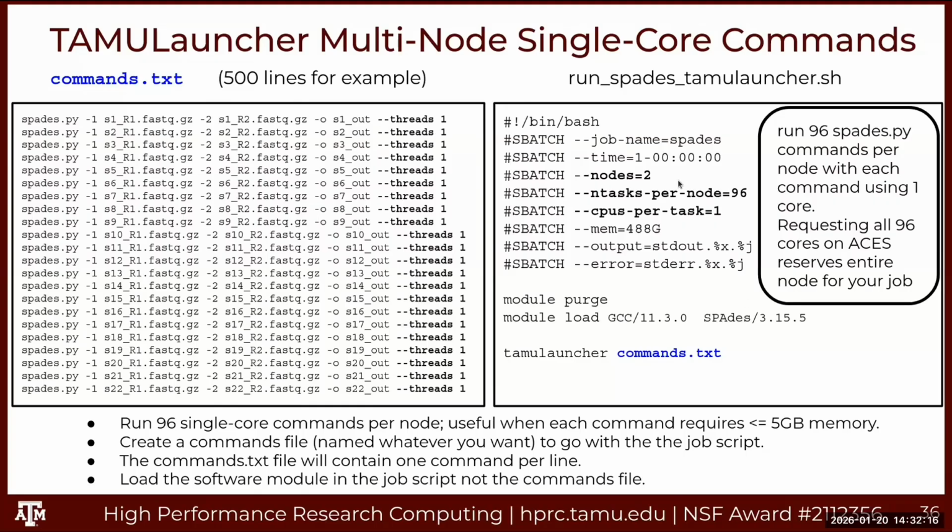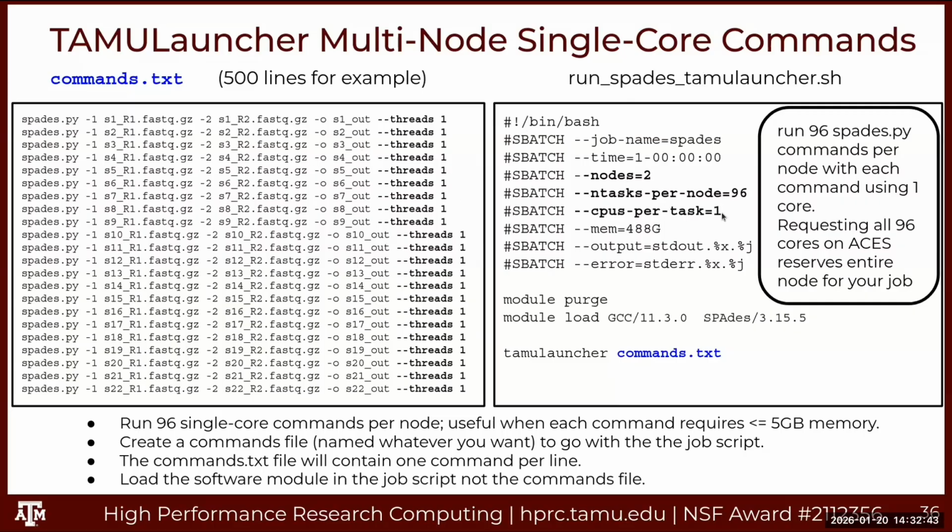You have a second file. The second file is the name of your job script, run_spades_tamulauncher.sh. If you're descriptive in your naming of your job script, then you will know kind of what's in here. It's a TAMULauncher script that runs the SPAdes commands. In this example, we're going to run it on 2 nodes, 96 tasks per node, so that each node will be running 96 SPAdes commands.